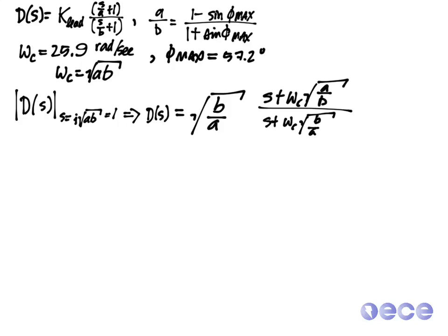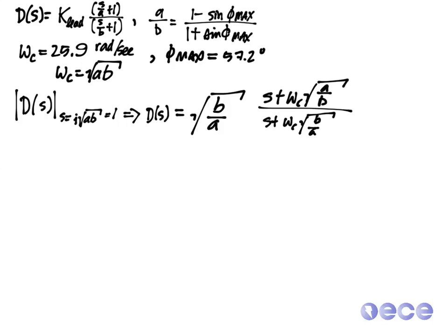So in doing this, you'll add these various commands to MATLAB. Calculate the ratio of a over b by using the sine and then subtracting the sine on the other part.